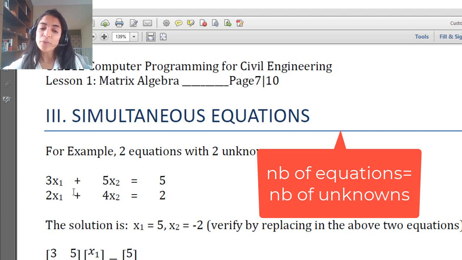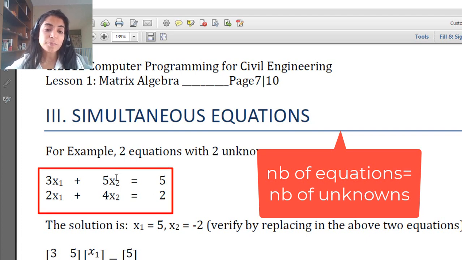Now, guys, I want to solve this simple system of 2 equations, 2 unknowns. My unknowns are x1 and x2, and I only have 2 equations, which means I can solve for this system. Guys, I want you to put on your mind the first condition, which is that the number of equations should be equal to the number of unknowns, because I will relate this condition to the type of matrices.